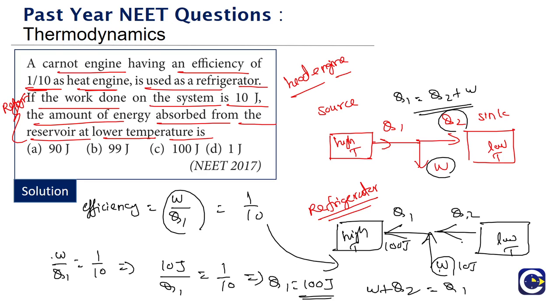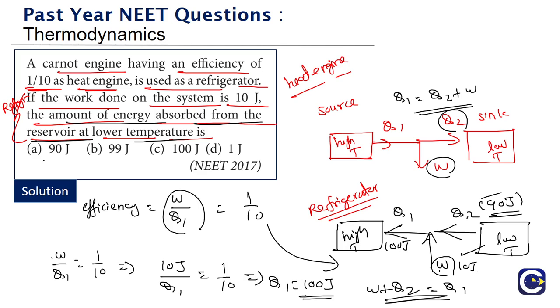They are asking the amount of heat energy absorbed from the reservoir at low temperature. 10 joules is the work done, and the total energy given to the surroundings is 100. So we should be taking 90 from the low temperature reservoir. Then 10 plus 90 will be 100, because of the same relation, W plus Q2 is equal to Q1. Q2 will be Q1 minus W, that is 100 minus 10, which is 90.